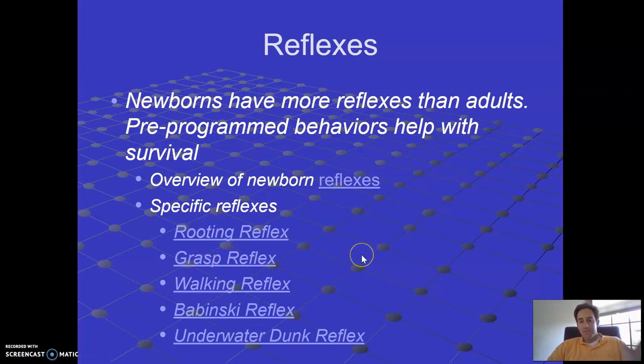The grasp reflex: if you stick a pen or a finger in a newborn baby's hand, it'll grab on. I call it baby death grip. I remember my son when he was a baby, I couldn't shake him, man. He was just on there. That's actually there because of our primate ancestors, monkeys who move through trees. If you've ever seen videos of monkeys, their babies just cling to their back.